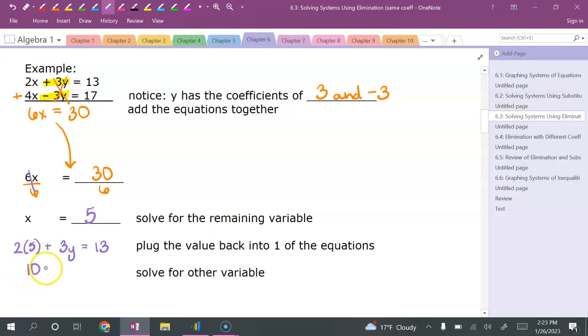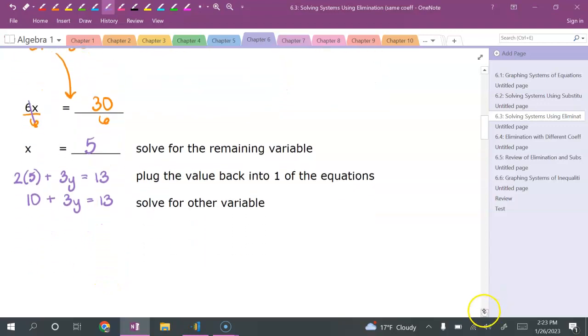So now I have 10 plus 3y equals 13. Subtract the 10. And so I have 3y equals 3. And then we divide by 3 on both sides, and we get y equals 1.